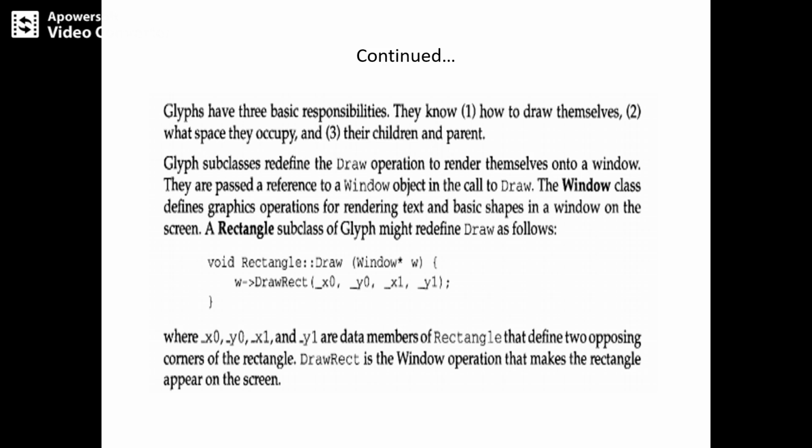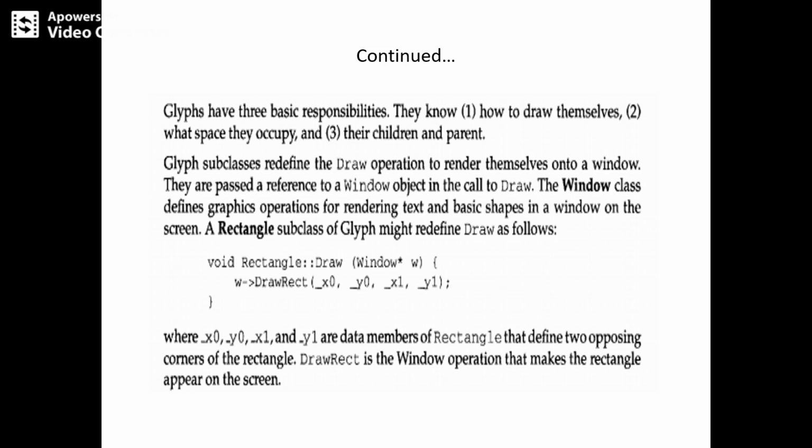The coordinates x0, y0 and x1, y1 are the data members of the rectangle. We know in order to draw a rectangle, four coordinates are required, the x and y axis of x0, y0, similarly x1, y1, which define the two opposite corners of the rectangle. We know that draw rectangle is the window operation that makes the rectangle appear on the screen. So this is one sample example of a rectangle subclass.